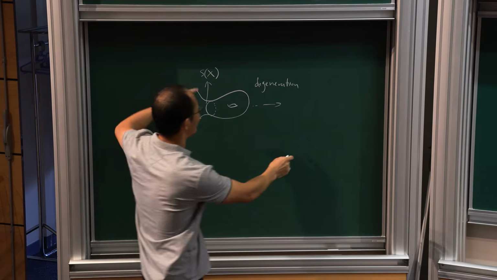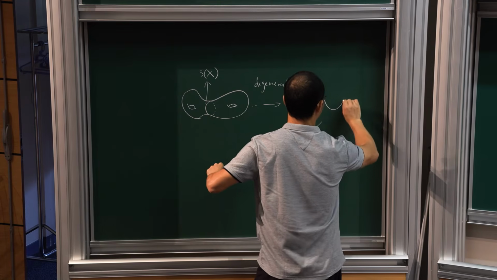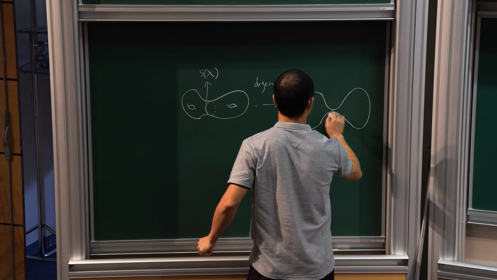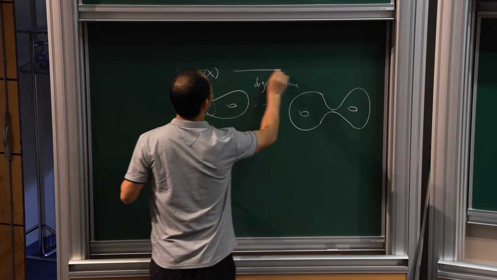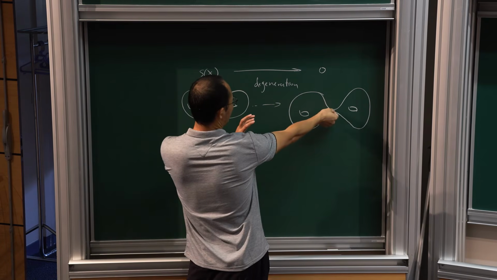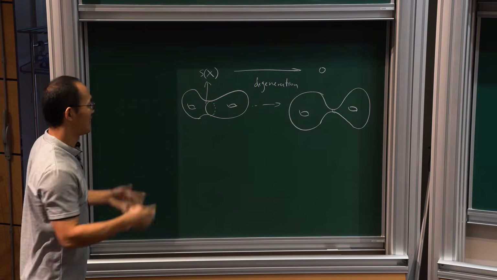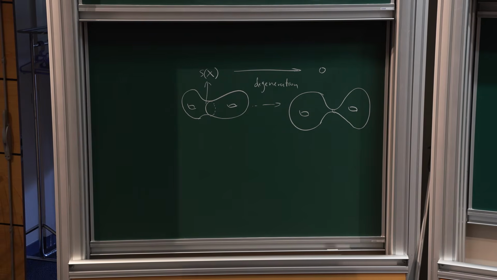S(X) goes to 0, so it becomes something like this. And when it's 0, you pinch it to one point, and then it becomes a singular curve. Okay, so this is the invariant. Thank you very much.